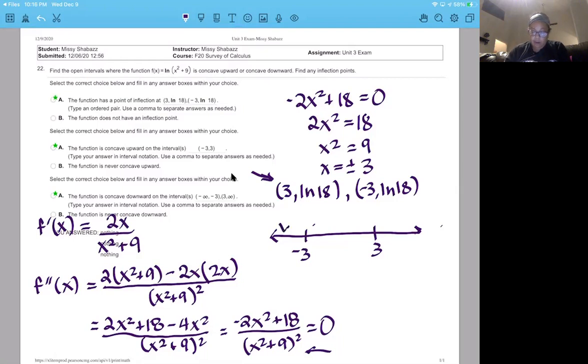So that's concave down. If I plug in 0, the top is positive, so I get concave up. If I plug in something bigger than 3, say 4, I'm also going to get something negative. So it does change concavity.